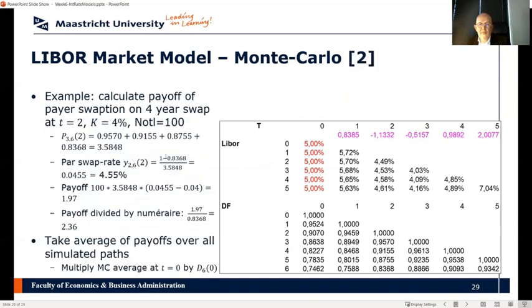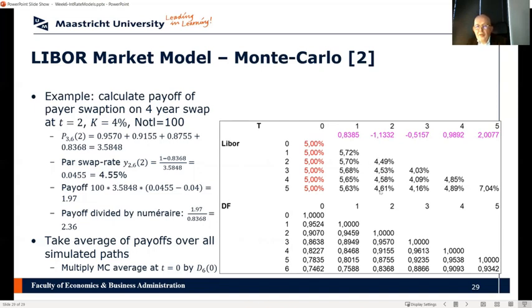For example, suppose I want to calculate the payoff of a payer swaption at time t is 2 on a 4-year swap with a strike of 4% and a notional of 100. Well, if I am at time t is 2, I have pushed my LIBOR market model 2 time steps forward in time.